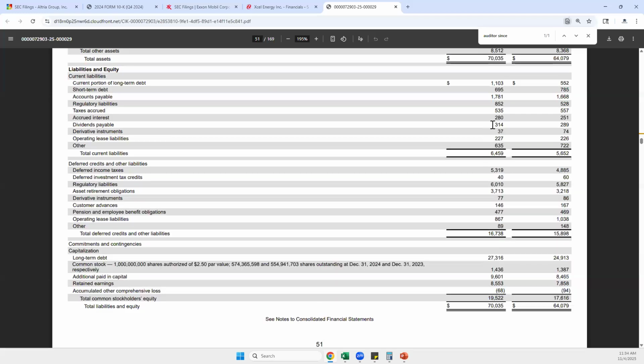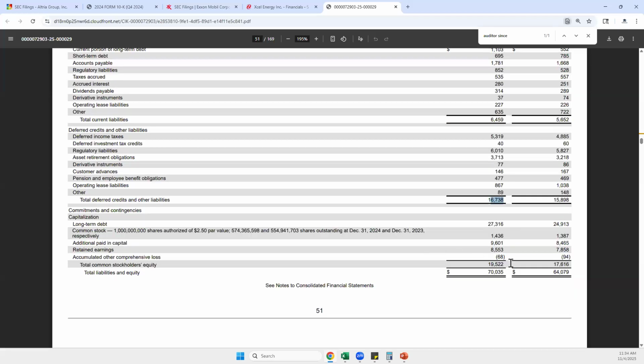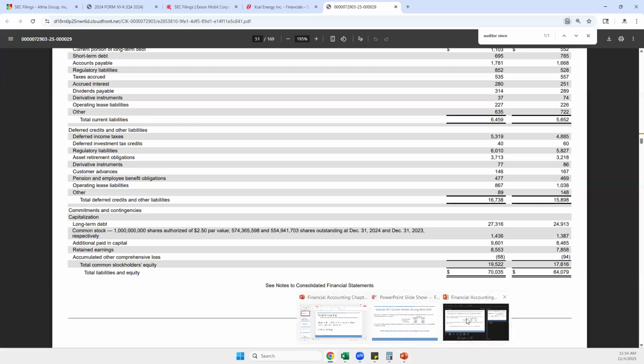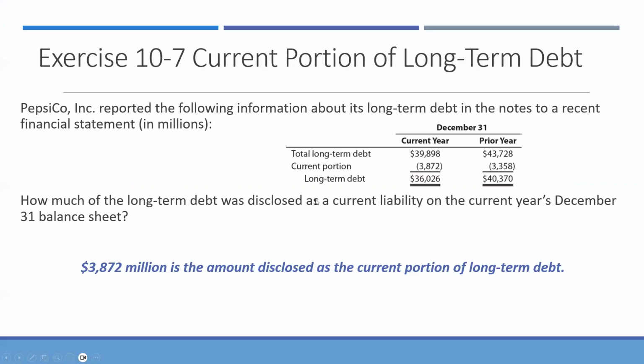So there's the current section, total current liabilities, and then they have deferred credits and other liabilities. And then they have their long-term debt here, and then they have their total liabilities and equity. So they disclose the current and long-term portion separately. And then oftentimes will disclose the maturities as well.